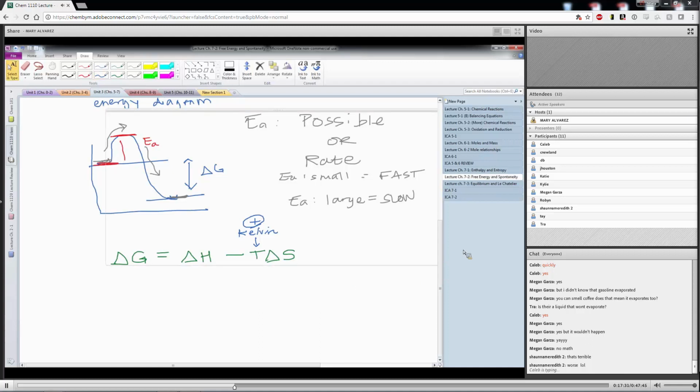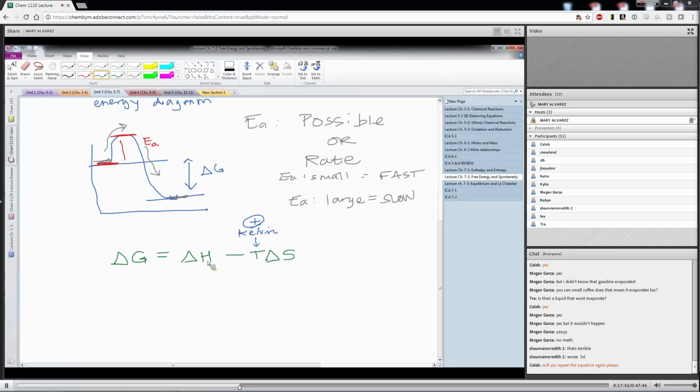So let's make some predictions. The equation here is our free energy is equal to our enthalpy minus the temperature in Kelvin multiplied by our entropy, right?